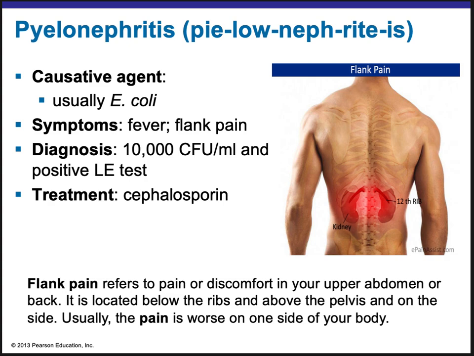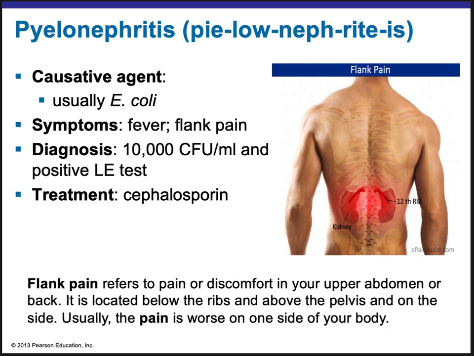And usually you'll also have a fever and you'll be very tired. If you take a sample for culture, you're going to be looking at something of 10,000 or more colonies on that petri plate, on that culture. So a much more massive amount of bacteria in the urine, as well as an immediate, very positive LE test, of course.